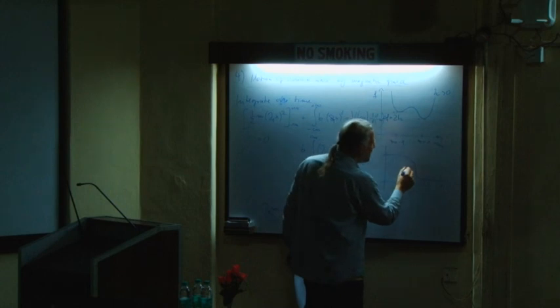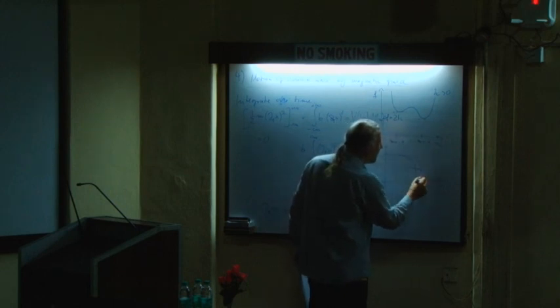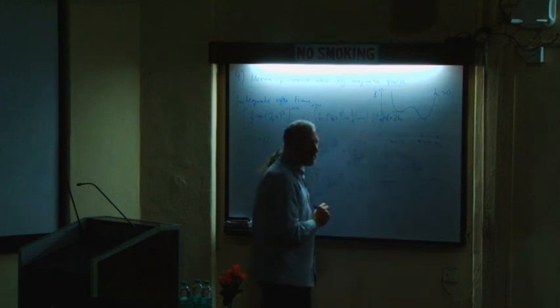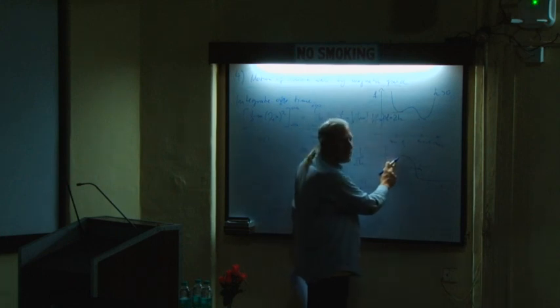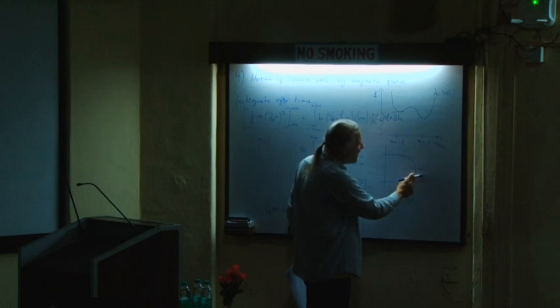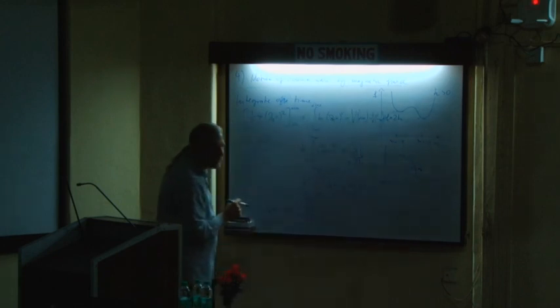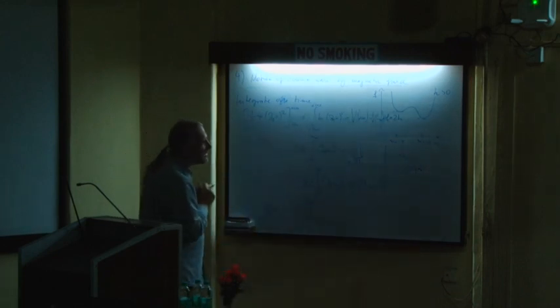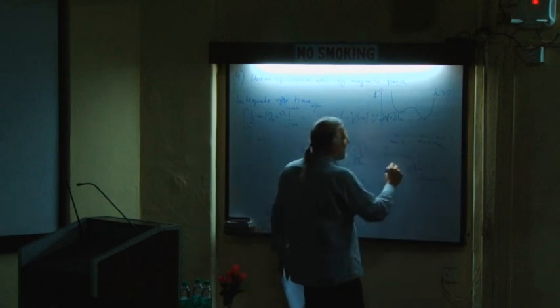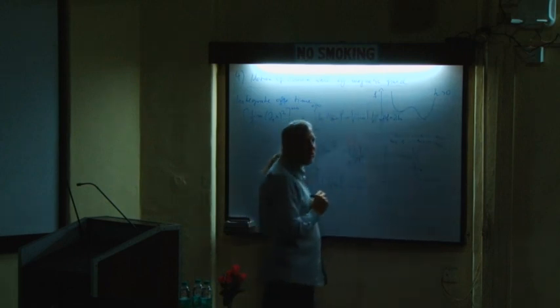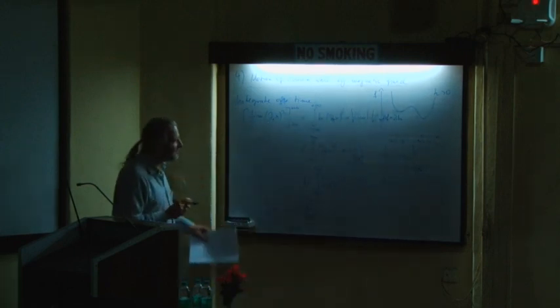So what will happen is that this domain wall will move, because the positive phase will gain and the negative phase will lose. So the spin should turn around at the interface, and therefore the positive domain grows and the negative domain shrinks. So I suppose this interface moves with a certain velocity v.